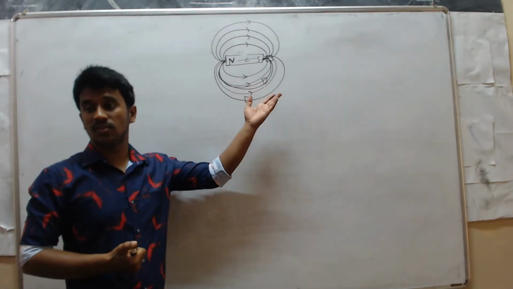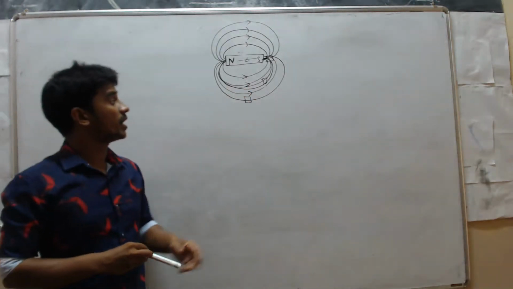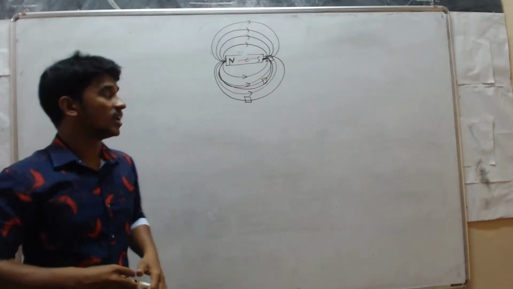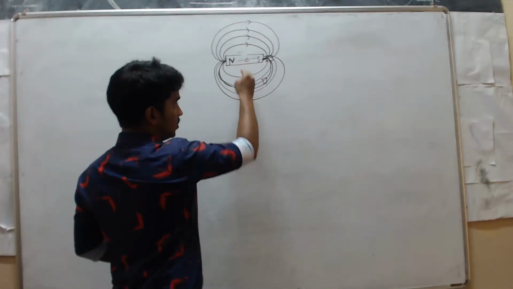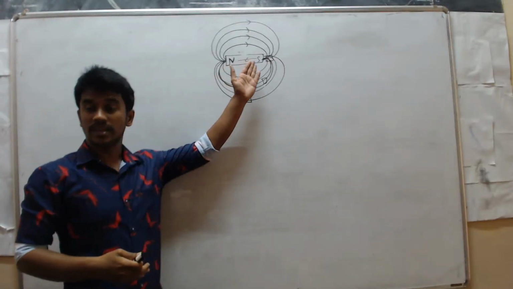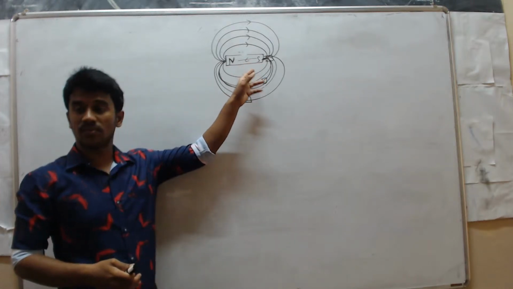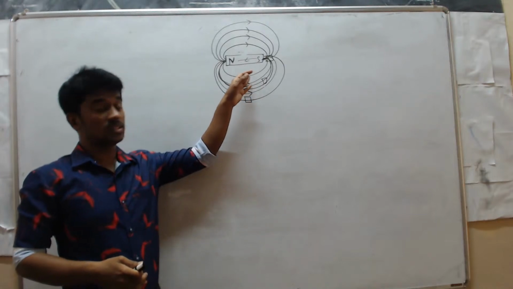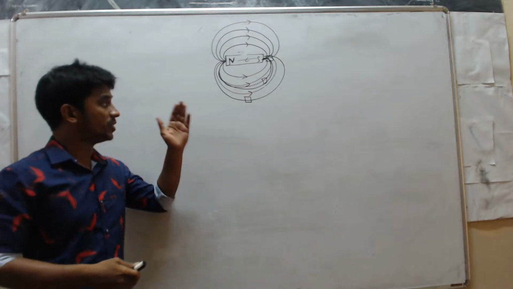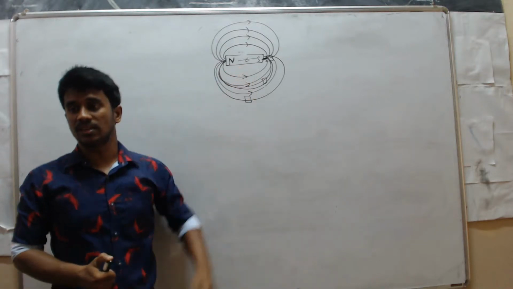If fewer magnetic field lines are there, then at that point the field strength is less. When you move away from the magnet, the strength of the magnetic field decreases. Why? Because when you move away from the magnet, you can see only fewer magnetic field lines. That's why the strength of the magnet decreases.